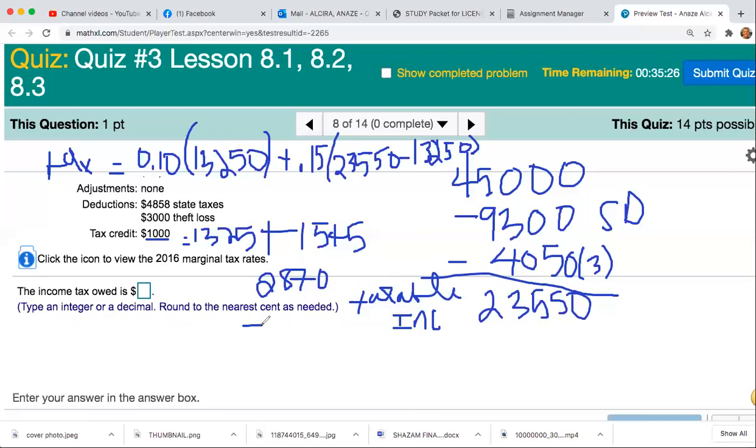So you're going to subtract the tax credit, and this person ends up with $1,870 they should have paid for the year. And that's the bottom line. Notice, guys, the last part of this problem is the tax credit. If there is a tax credit, that's the last thing you should apply to the tax return. And that's it.